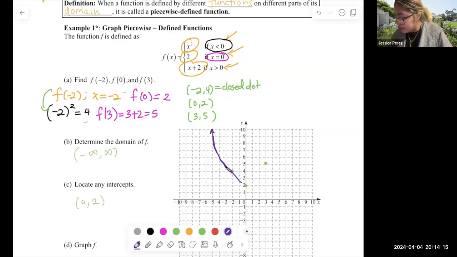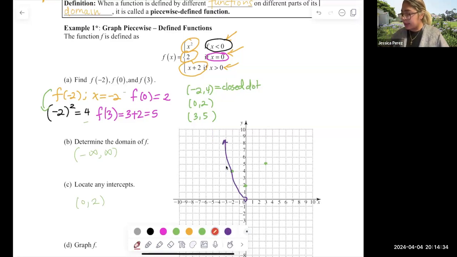At negative 2, it would be 4. So I want to show you how the graph is going to look. That's an open dot here.